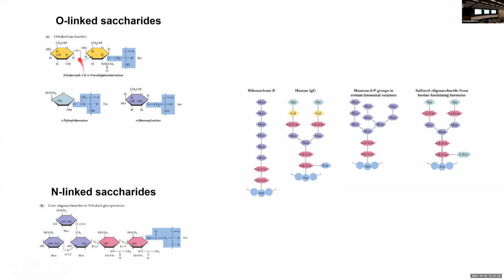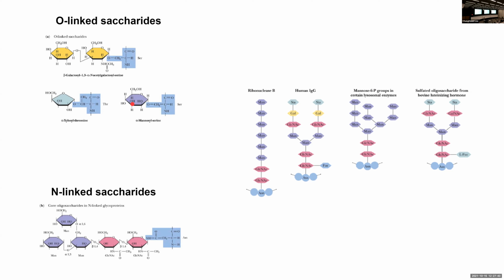And here are some examples for the O-linked saccharides or O-linked glycoproteins. It can use a disaccharide or monosaccharide, or basically a pentose or hexose. It really depends on what it can interact with.